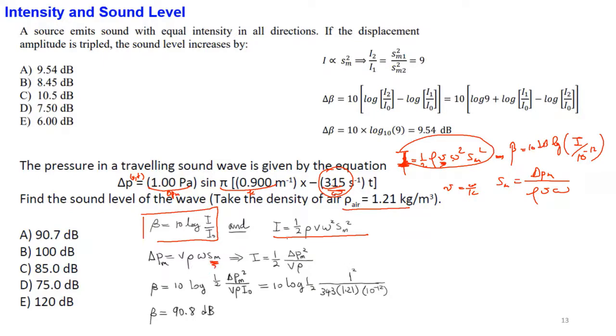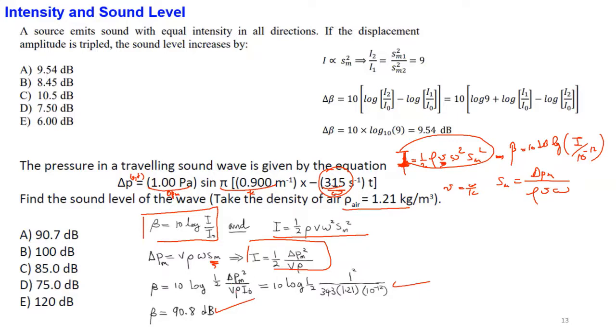So I just rewrite my intensity as a function of delta Pm. This is what I have, and I plug it in, and then I get my answer. Is it clear? Okay, great.